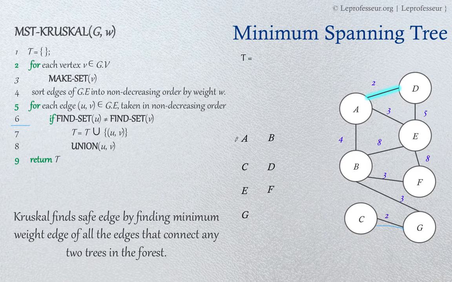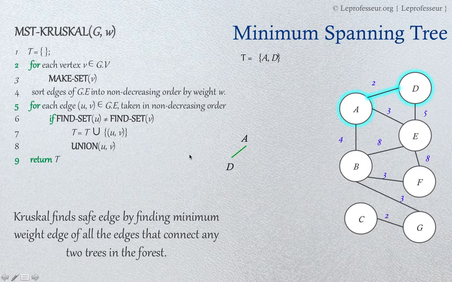A is independent and D is independent, and we can safely add the edge between A and D to T. And the tree would look like this, A is connected to D. Our minimum spanning tree would look like that at this stage.